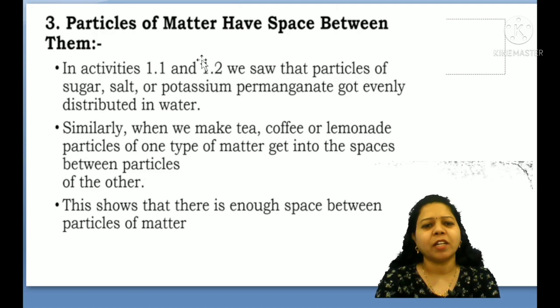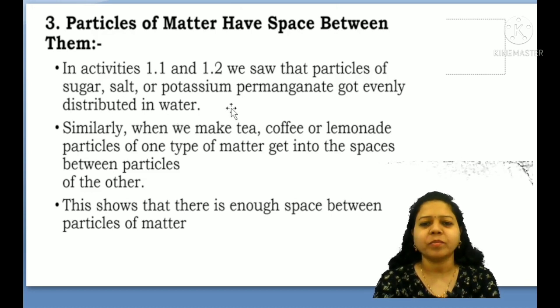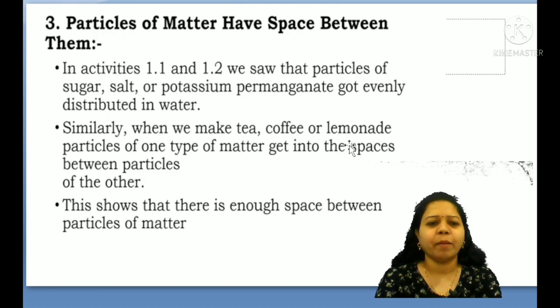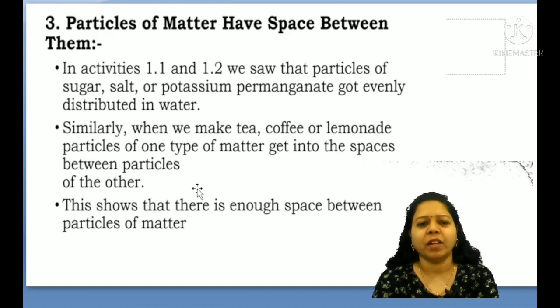Property of matter: particles of matter have space between them. In activity 1.1 and activity 1.2, we saw that particles of sugar, salt and potassium permanganate got evenly distributed in water. Similarly, when we make tea, coffee or lemonade, particles of one type of matter get into the spaces between the particles of the other.